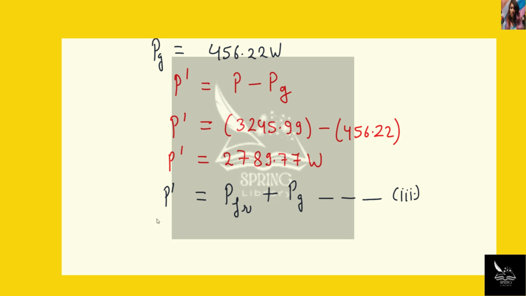Now here we can write this as P dash equals to F of Fr multiplied by V plus m multiplied by g multiplied by sine 4 degree multiplied by V.